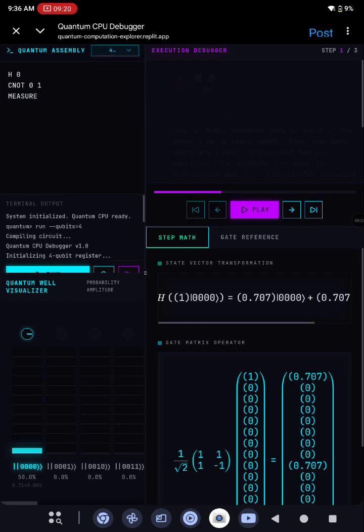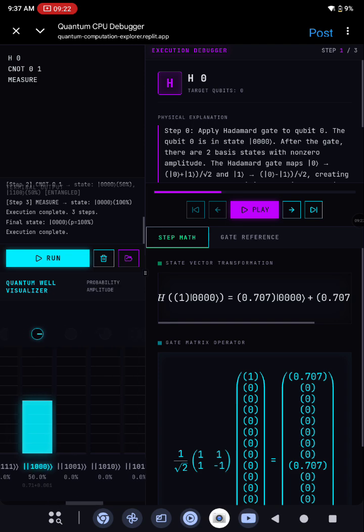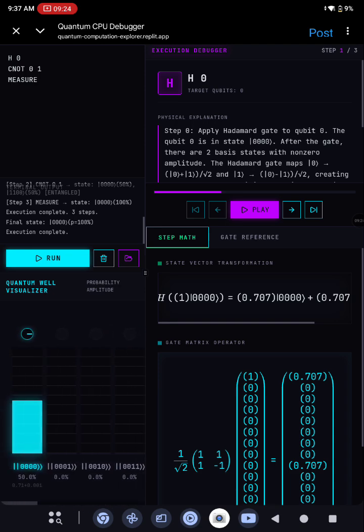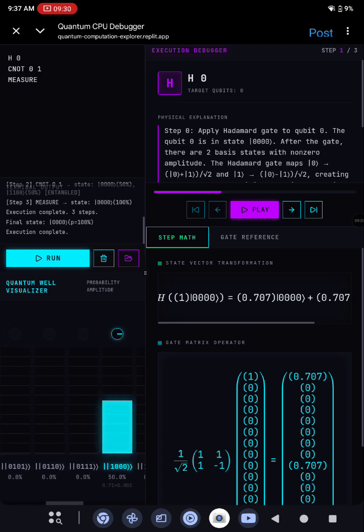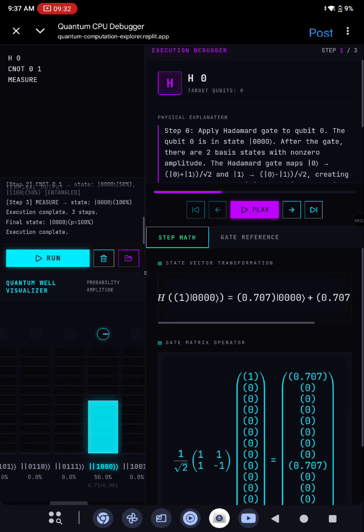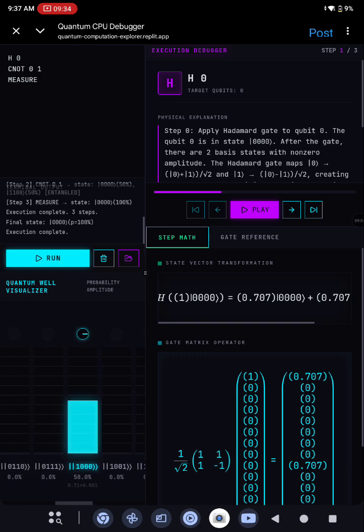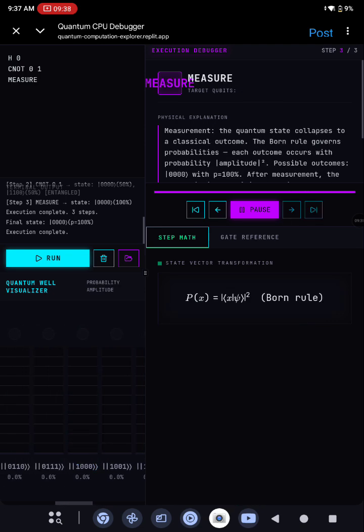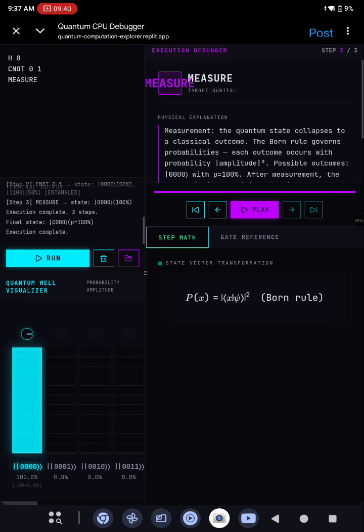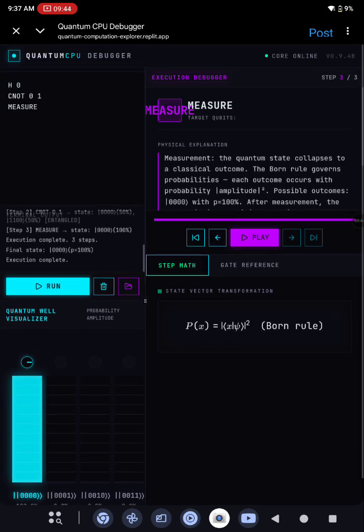Four qubits, run. It shows you which state is being used, 0, 0, 0, 0, 1, 0, 0, 0. I'll play it real quick. Kind of fun.